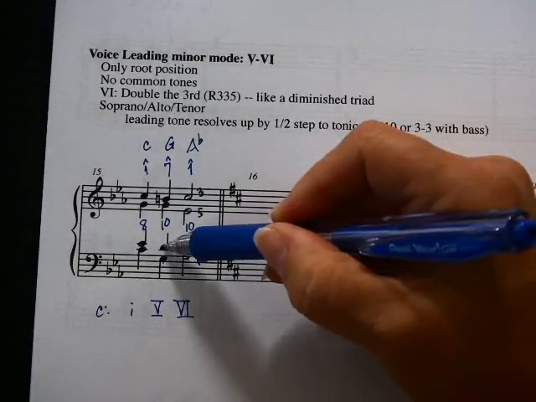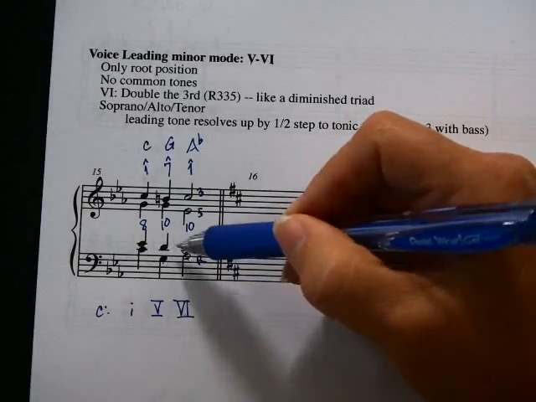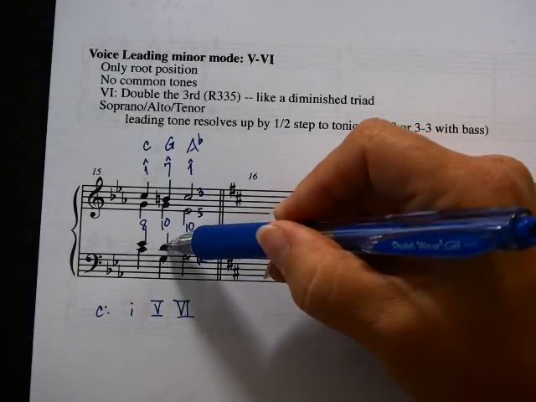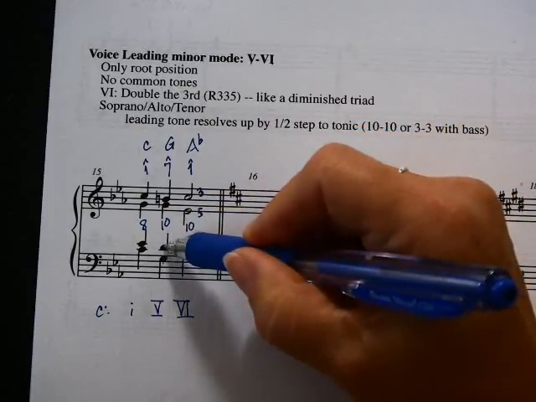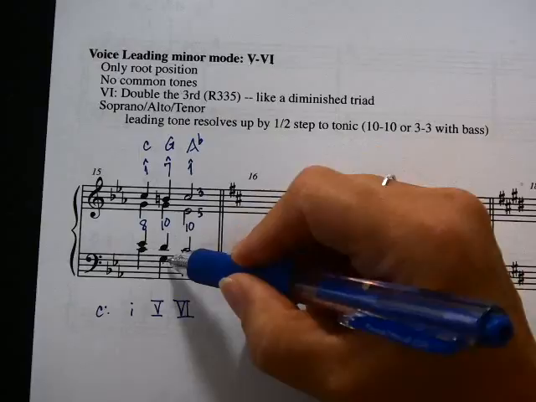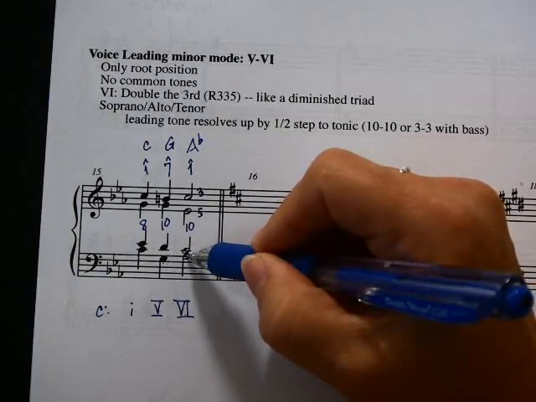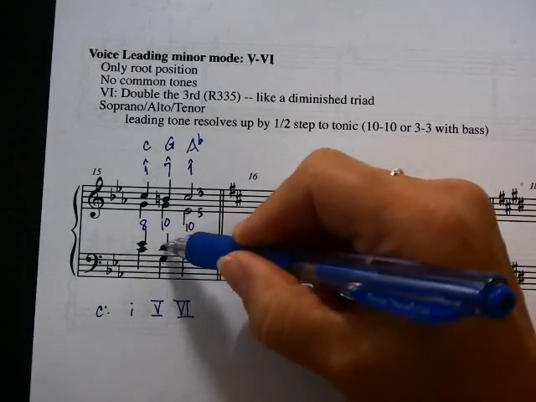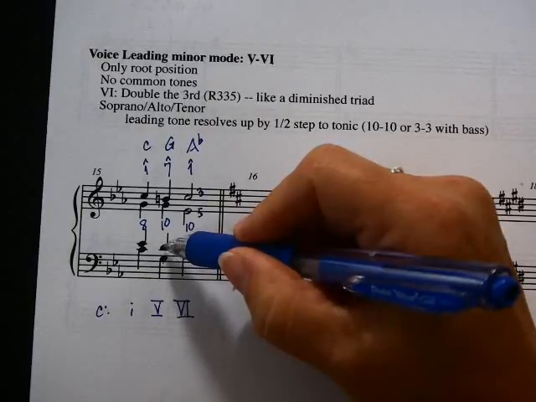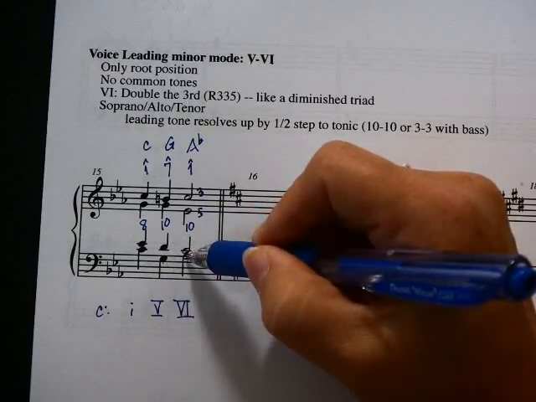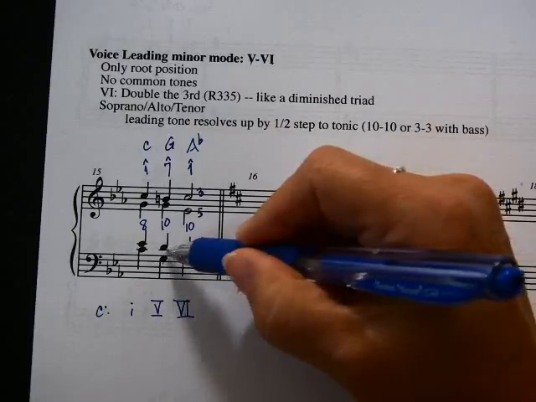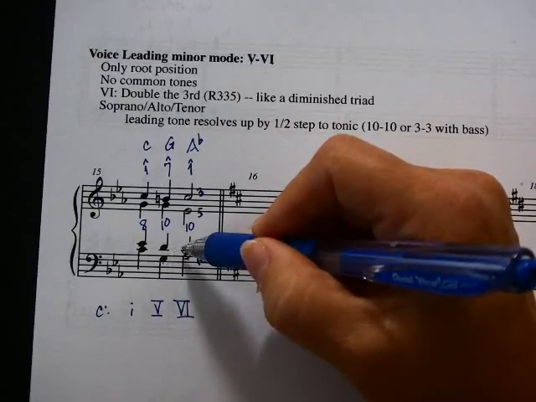The D, if it were to go up to an E flat, would form parallel fifths. The bass is G, A flat, G, D. That's a perfect fifth. If the tenor moves up to E flat, then we would have perfect parallel fifths. We'd have 5-5. That's not allowable. So the D can't go to E flat, it can't go to A flat.